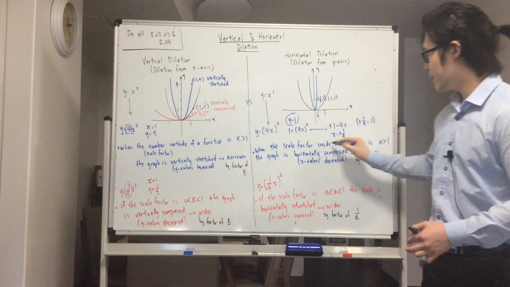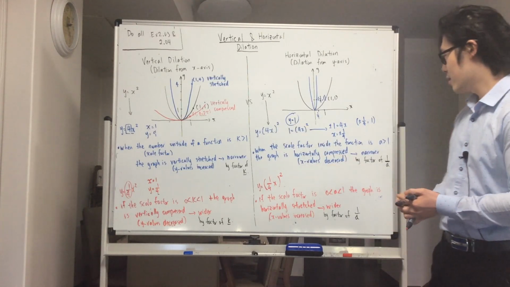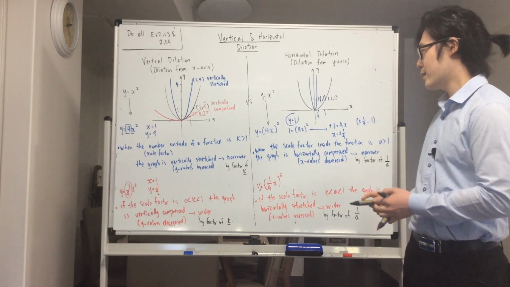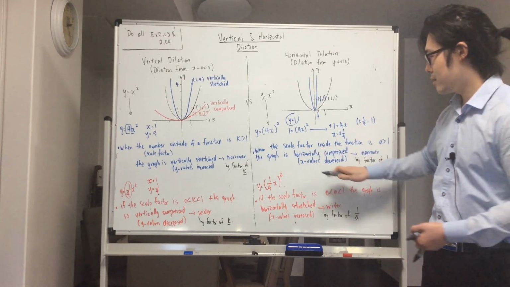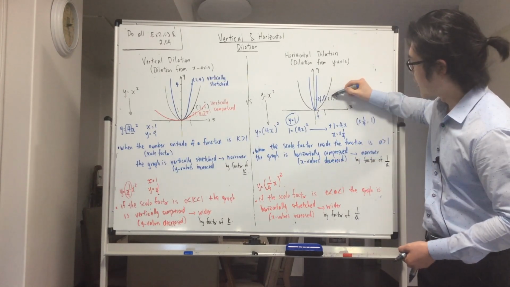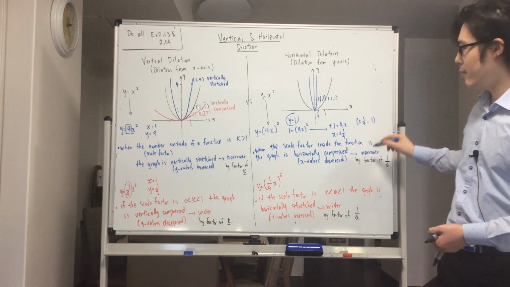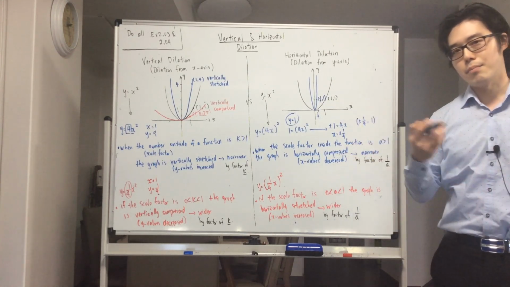When the scale factor inside the function, so notice the scale factor is now inside the bracket, if it's bigger than 1, okay, a represents the scale factor, the graph is horizontally compressed. So what that means is the x values are decreased. And as you can see, from 1, it has decreased to a quarter. Okay, it still makes the graph narrower, but it becomes horizontally compressed, okay?